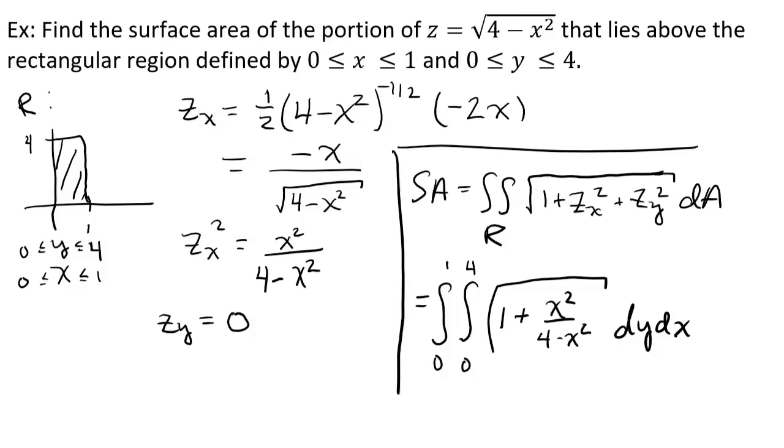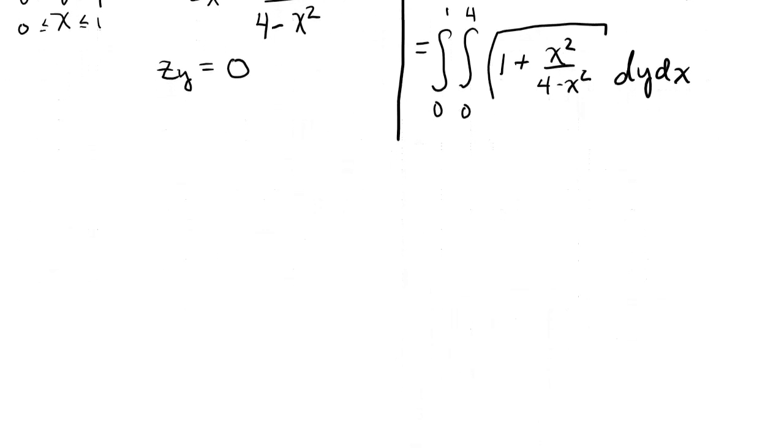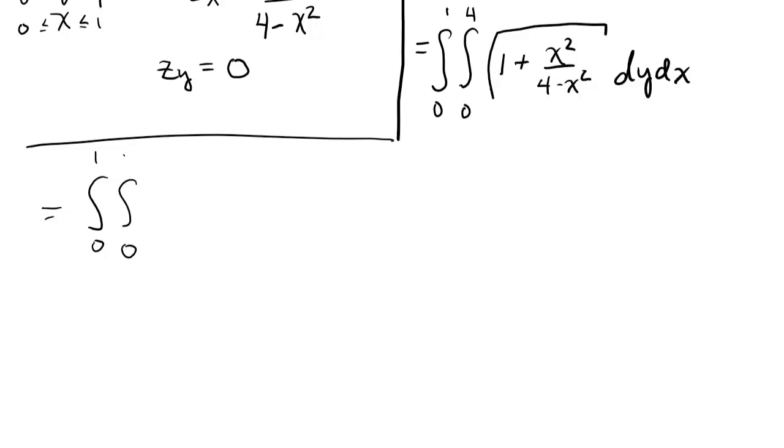So let's combine the inside of that integral so that it's not two different pieces, but rather just a single fraction. If we get common denominators, we're going to have 4 minus x squared over 4 minus x squared for the 1 portion.